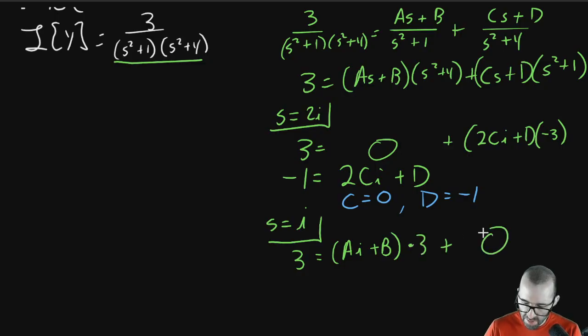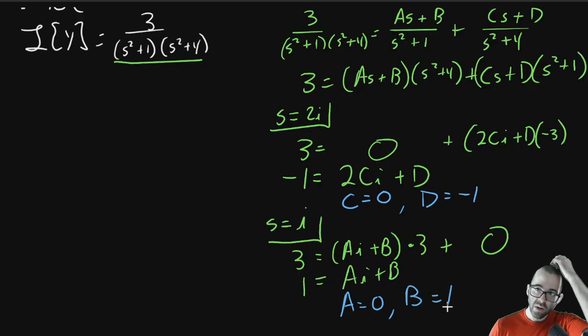Plug in i, this whole thing is 0. Oh, sorry, we divide both sides by 3. We get ai plus b is 1. So we get that a has to equal 0 and b has to equal 1. Great.